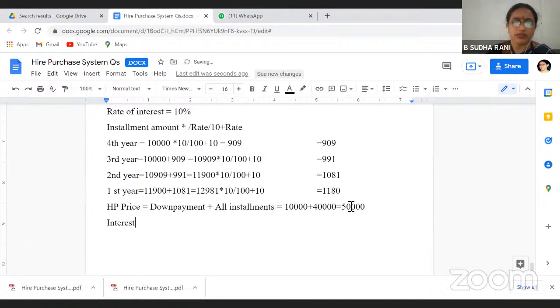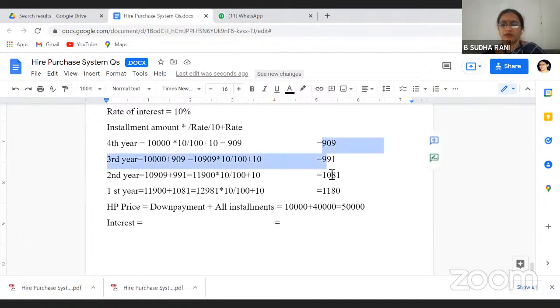How do you get interest? Just the interest for all the years, whatever you calculated. Calculate this: 909 plus 991 plus 1081 plus 1180. 4161. Very good.